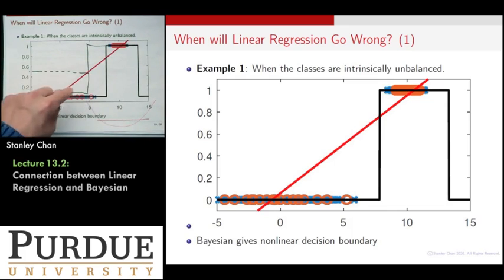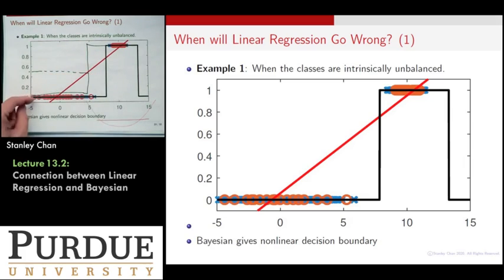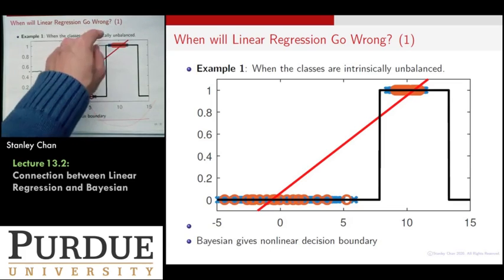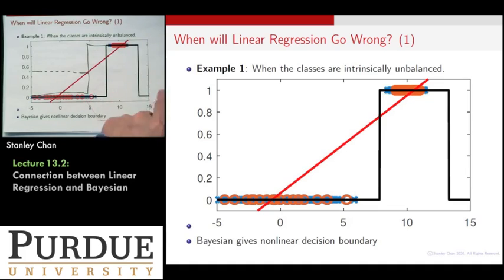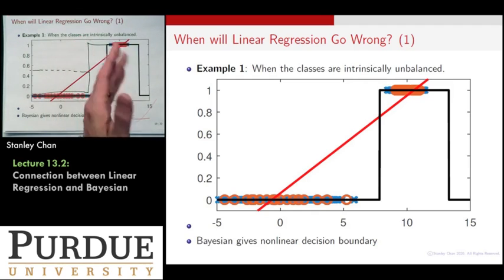So my hand-drawn line is the classifier returned by the linear regression. The solid line printed on the paper is the ideal, the best, minimum probability error rule returned by the theory. And you can see that there is a pretty big gap between the two. That is exactly because condition 1 is violated.